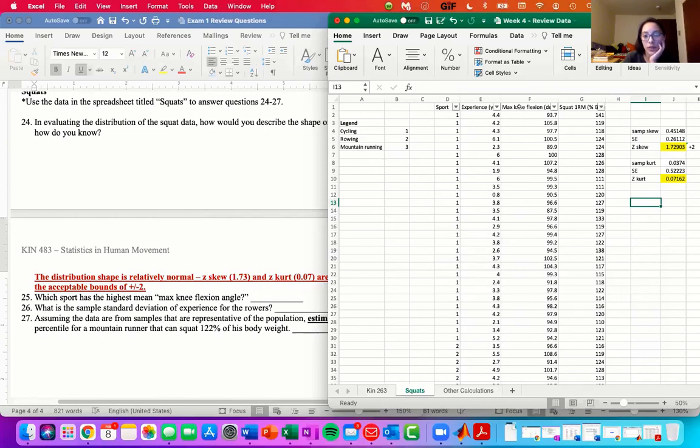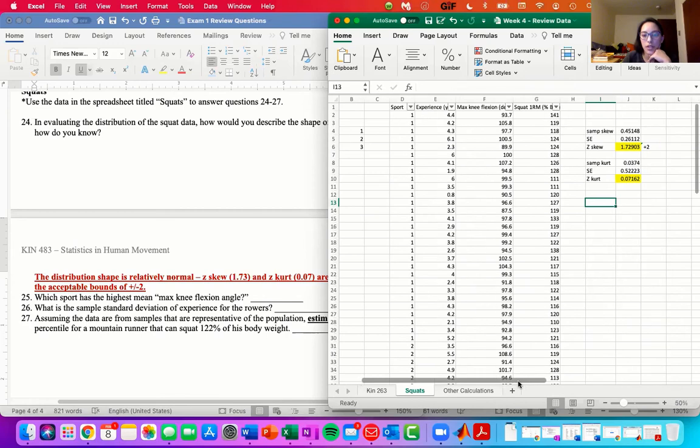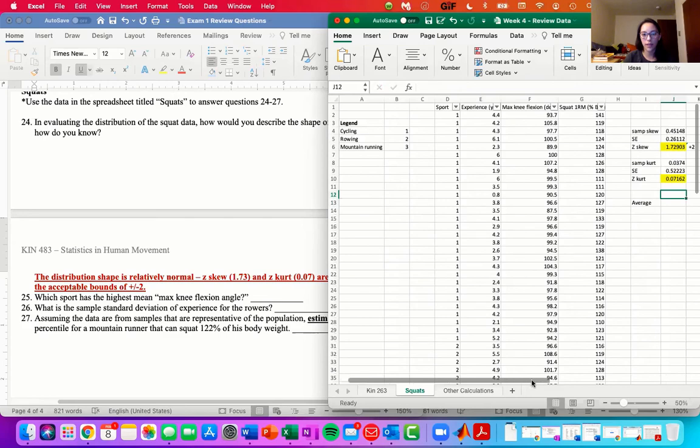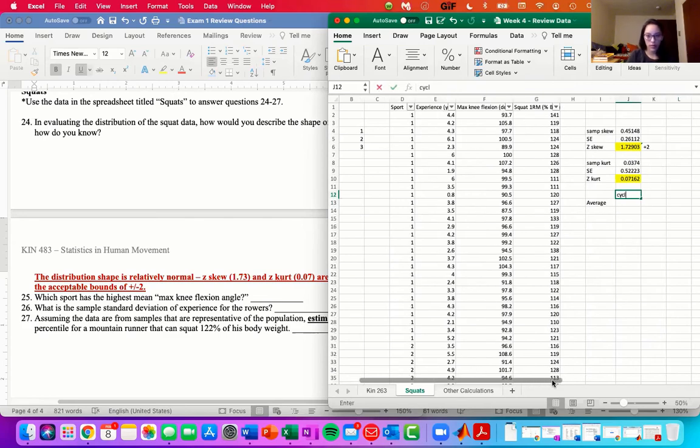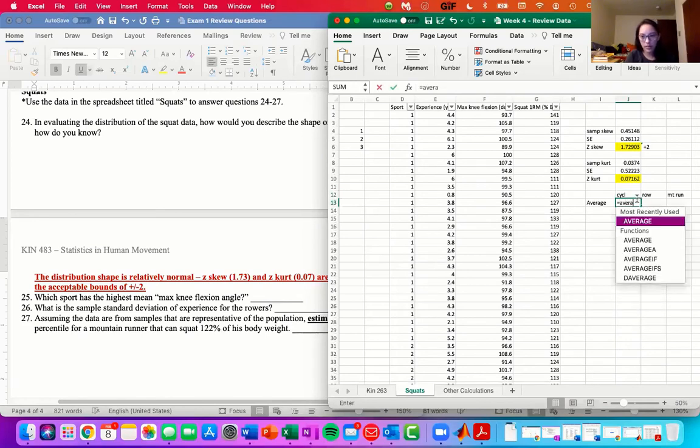Right. And we're only interested in the max knee flexion. So that's the nice thing about this compared to activities where you kind of have to do everything. You can just find, let's say these are averages of my sports, which are cycling, rowing, and mountain running. I'll just put MT run, right? And I can easily find the averages.